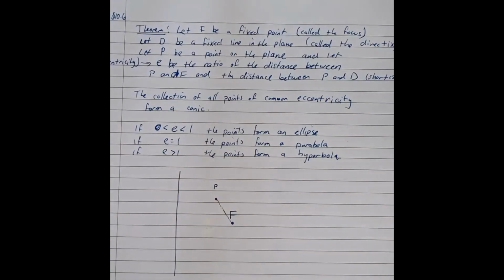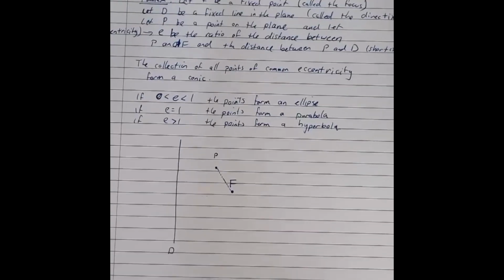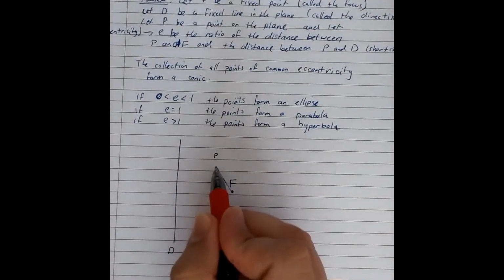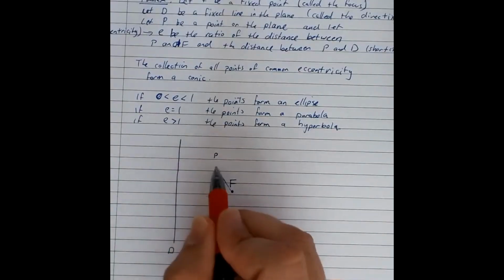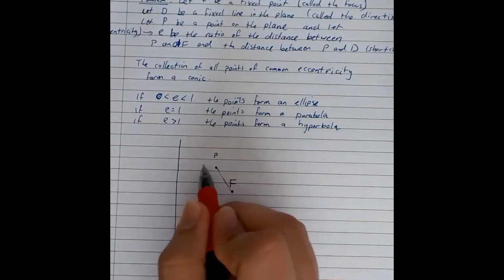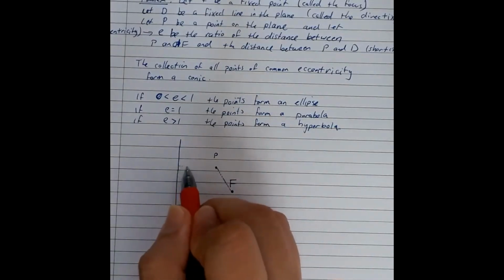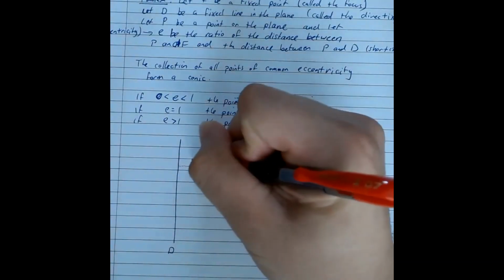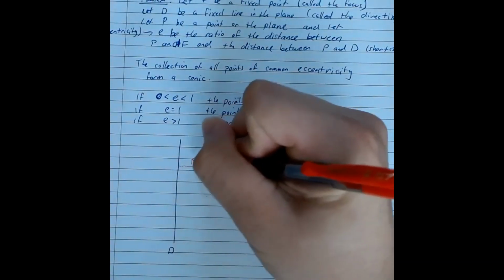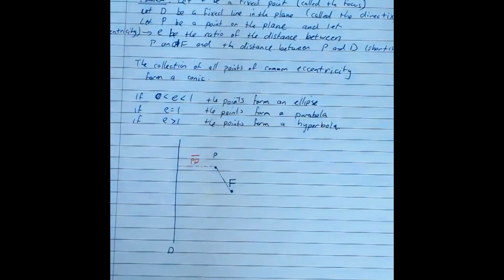Now we're also going to find the distance from P to the line D. Now remember, this point can be directed in any direction here. We can find the distance from here to here, here to here. But when we say distance, we mean the shortest distance. So right across, like this. So this distance is the distance PD.